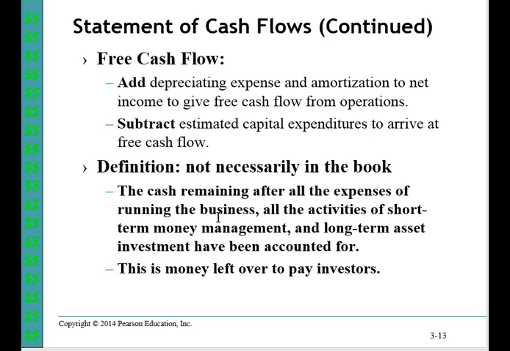All of the activities of buying and selling long-term assets have been accounted for. All the business has been completed for the year. This is the money that's left over to pay investors. So we can pay dividends, we can buy back stock, we could pay interest expense, we could buy back debt.